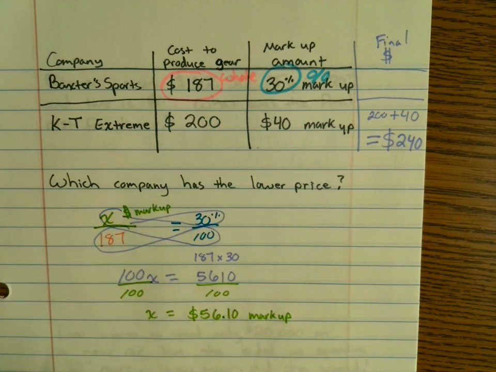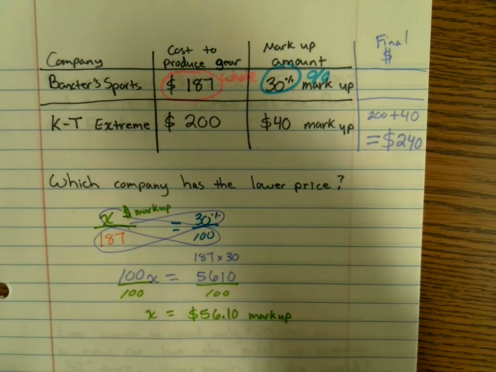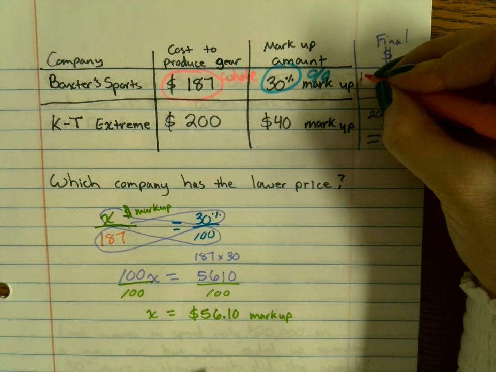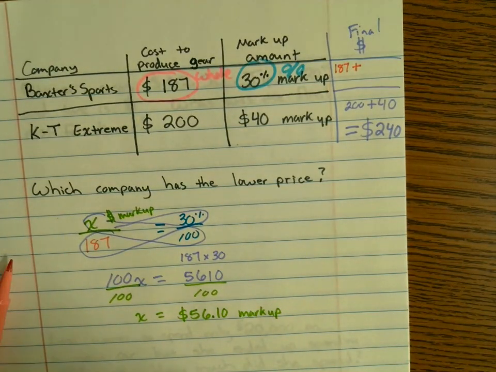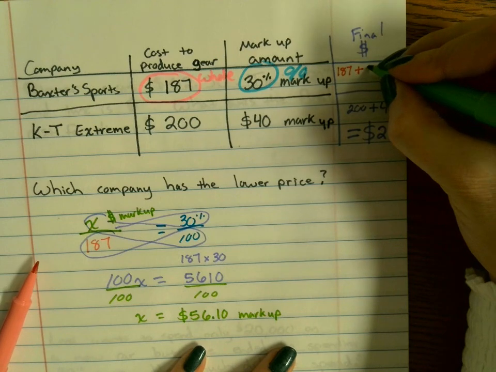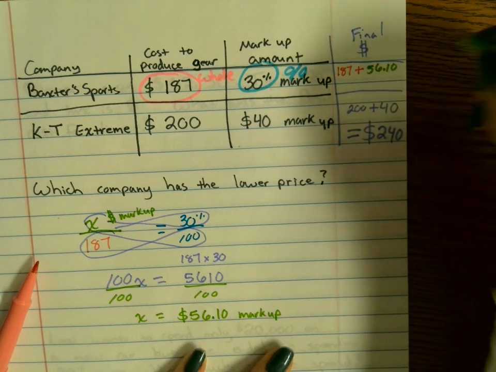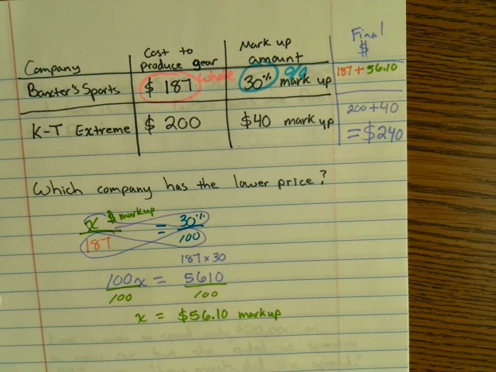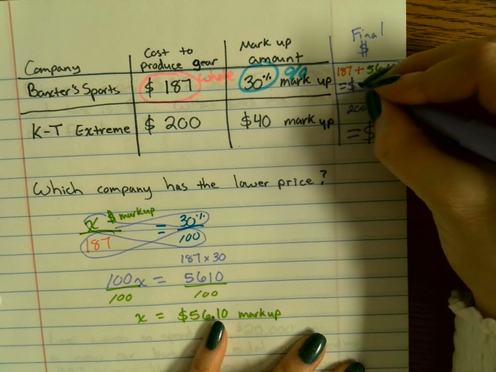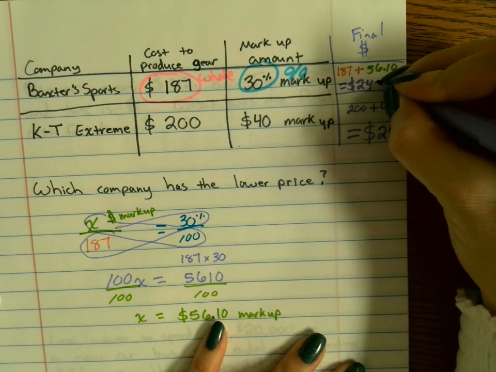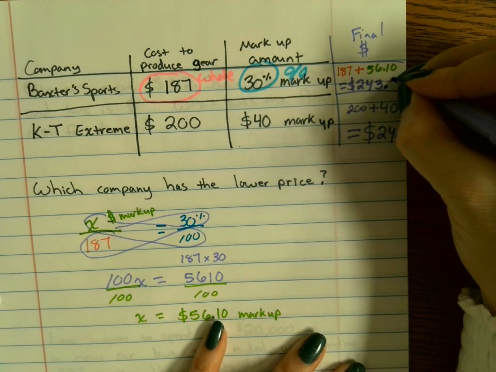Now once we know the dollar amount of the markup, we can add that onto the price, that whole. So we're going to take $187 and add what we found for the markup, $56.10. When we do 187 plus $56.10, we find that their markup price is $243.10.